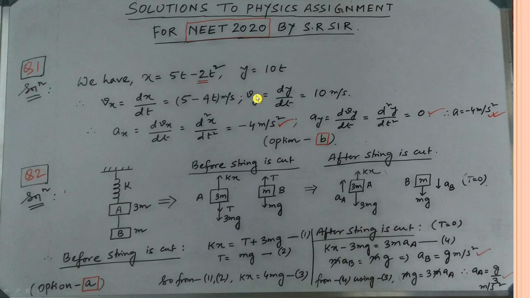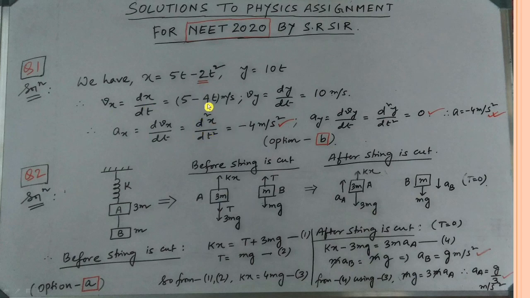Now what about the acceleration? It is simply one step more derivative with respect to time. So further differentiating these with respect to time, the acceleration ax equal to dvx/dt, that is equal to the second derivative of x, d square x by dt square.